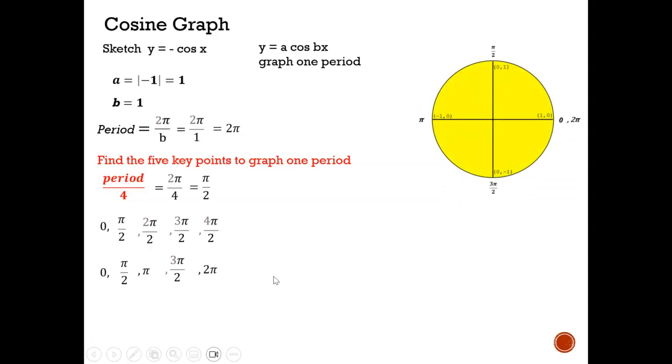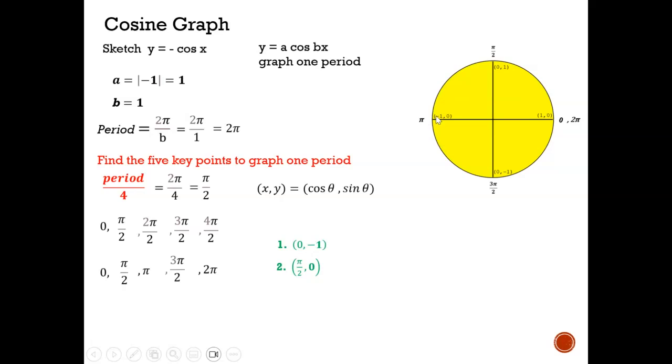Okay. Again, going back to the circle. My first point: the cosine of 0 is going to be 1. But because this is negative at the beginning, it's going to be negative 1. At pi over 2 it is going to be 0.